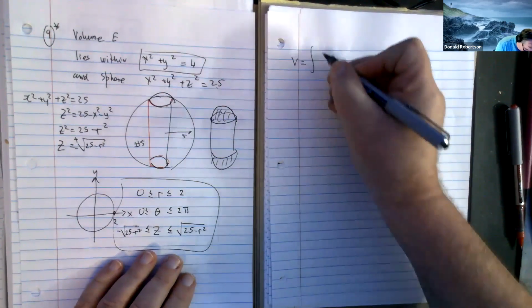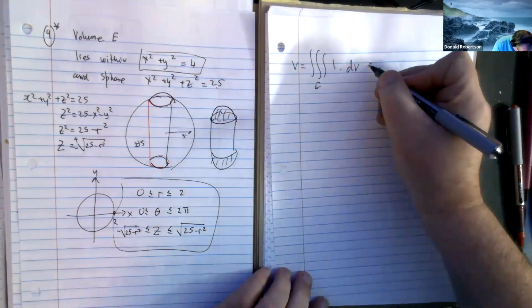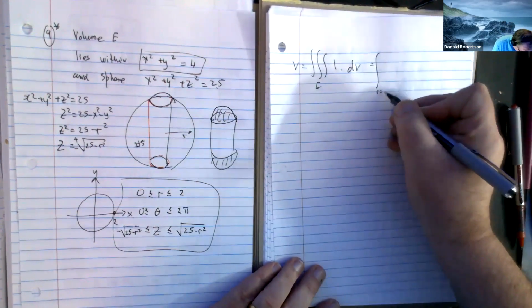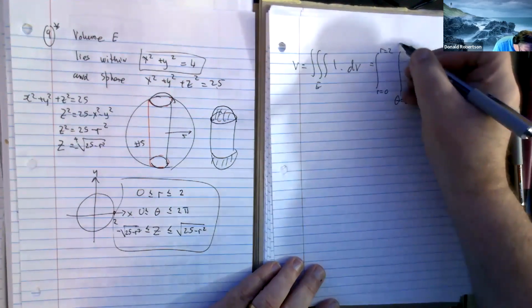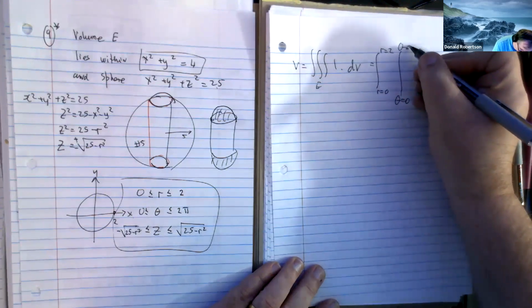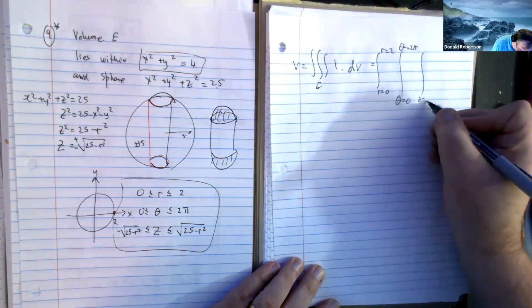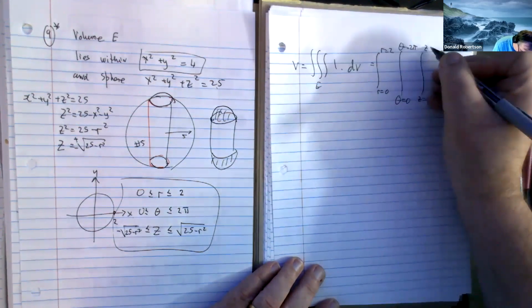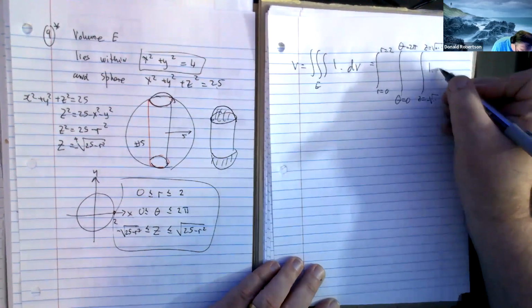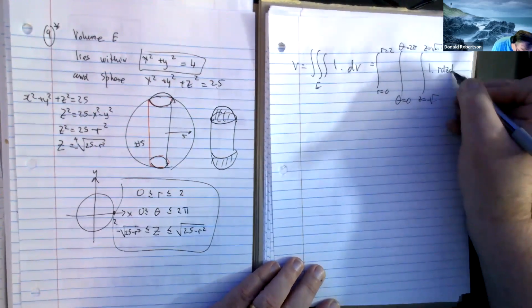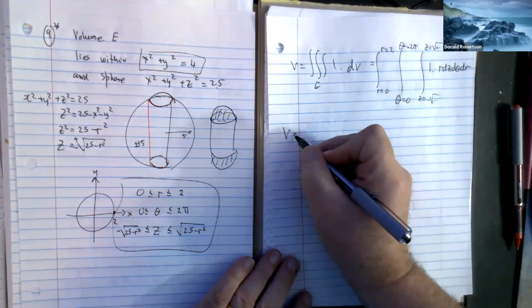The volume is the triple integral over E of 1 dV. Now, originally, that was going to be from r equals 0 to r equals 2, from theta equals 0 to theta equals 2 pi, and then from z equals minus ugly square root to z equals positive ugly square root of 1 r dz d theta dr. Well, how about this?